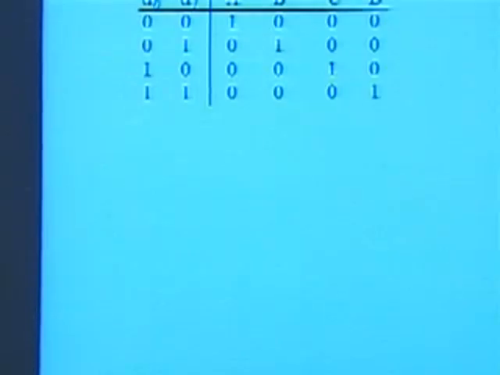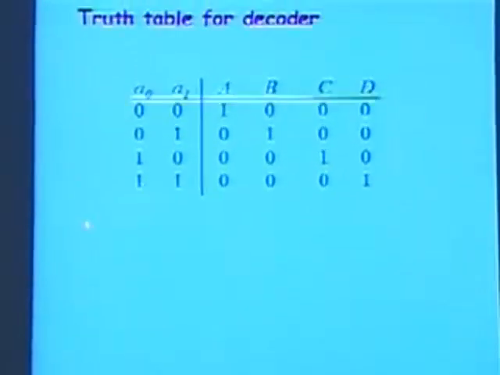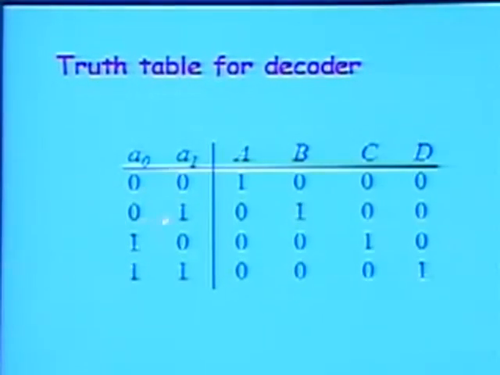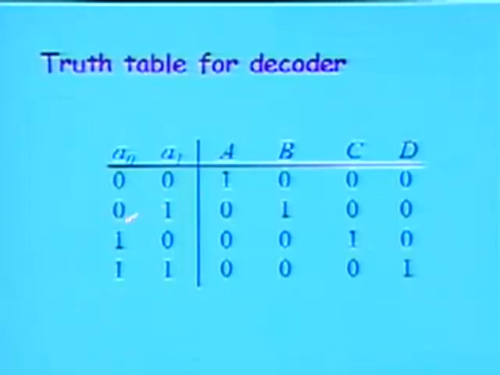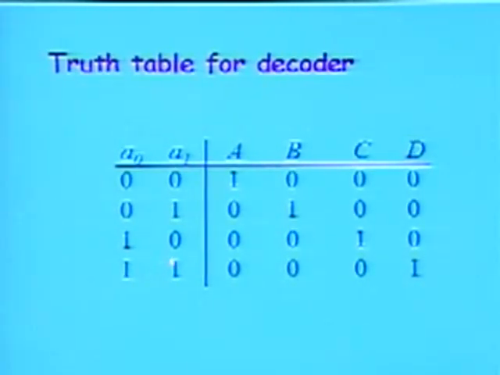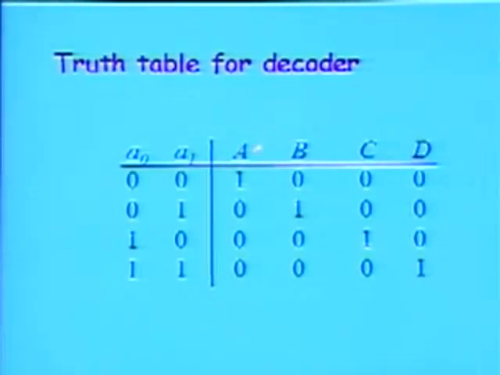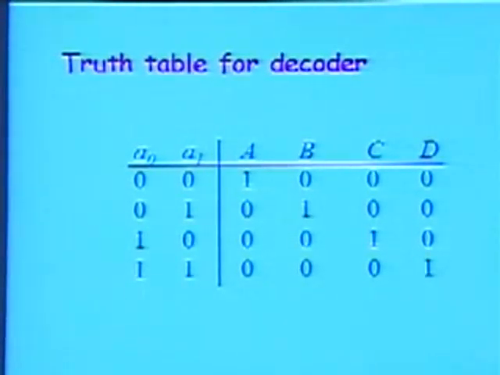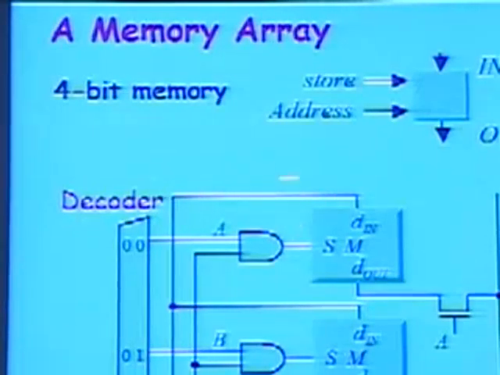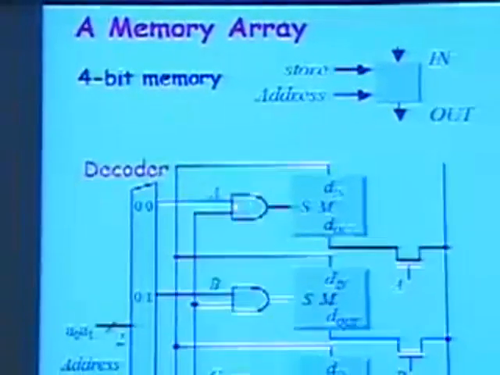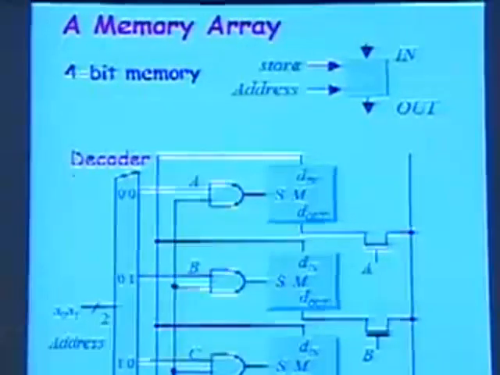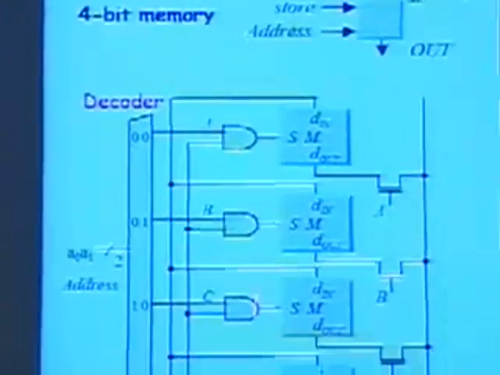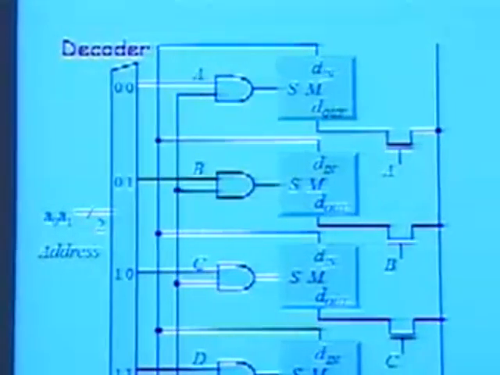Let's look at the truth table. This is the truth table for the decoder. Okay? So as you can see, depending on the address that I have here, this is 0, 1, 2, and 3 in binary, only A, B, C, or D is high, which means that this AND operation here only allows the input that is presented to all of the cells, but is going through the AND gate here, to appear at the output.